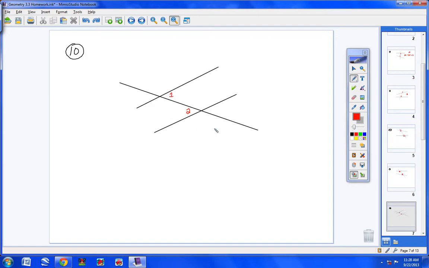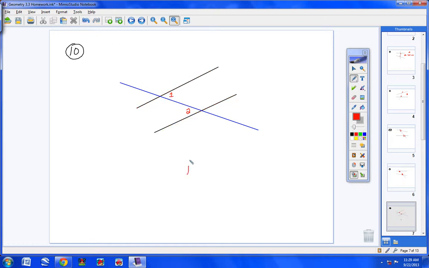Number 10. Let me go ahead and quickly do my change here into blue. For number 10, notice angles 1 and 2 are both on the interior. Here's a black line. Here's a black line. And these angles, 2 there and 2 here, are both in between the two lines, so they're called interior.